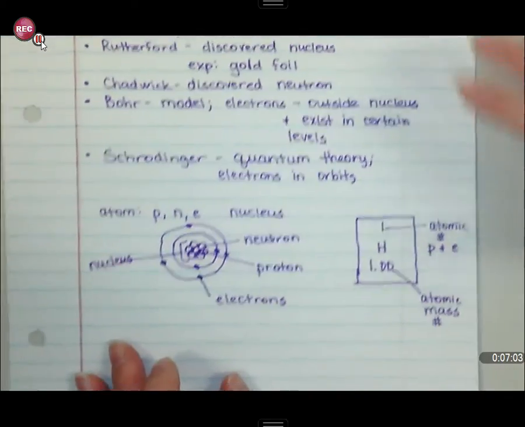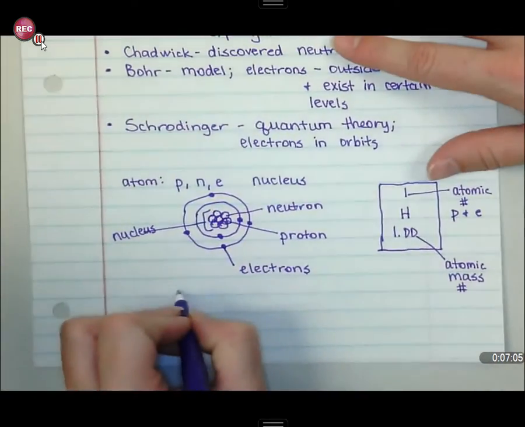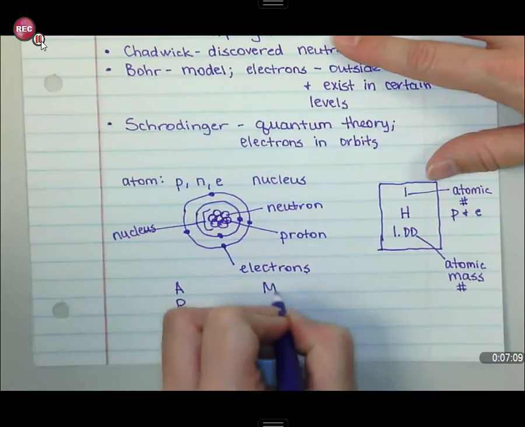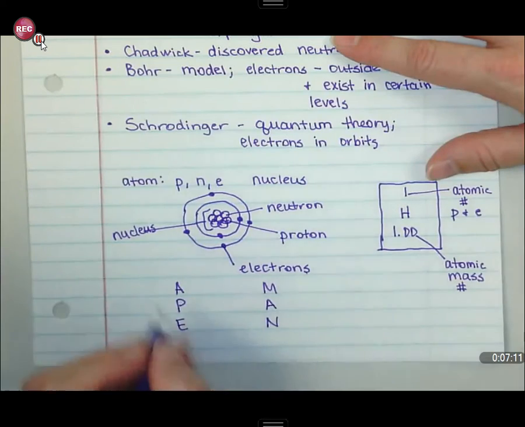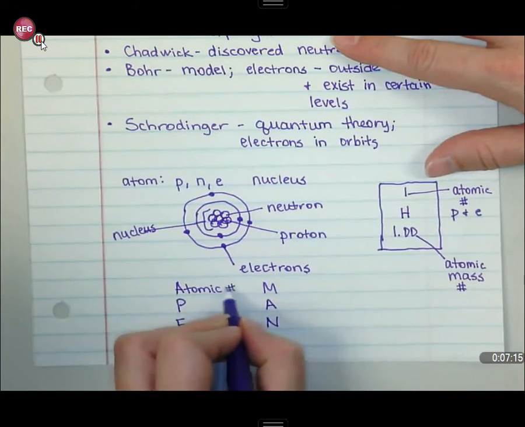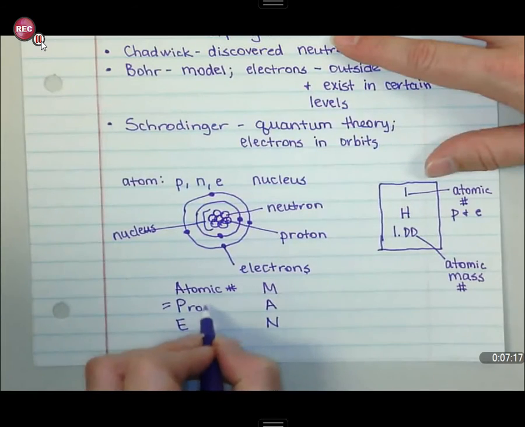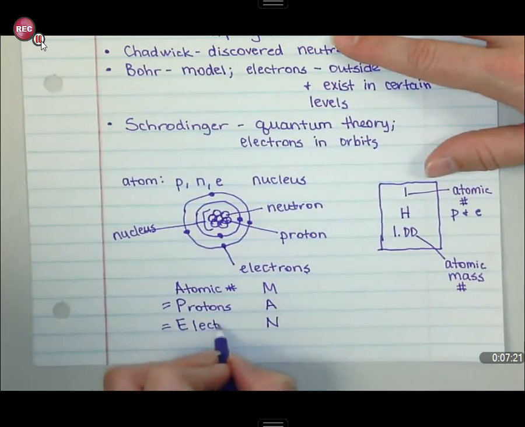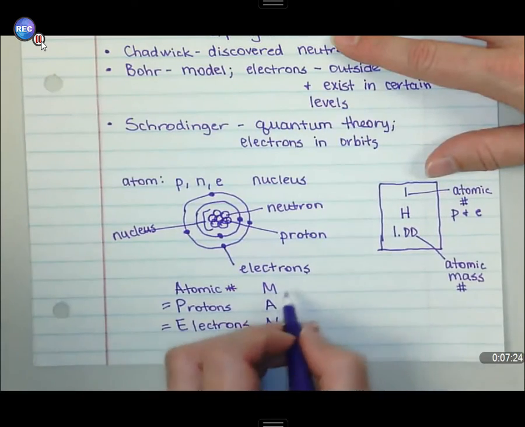Okay. Now, the other thing you have to be able to do is ape man. Okay, so ape man is the atomic number that equals your protons, that equals your electrons. We just went over that. And then you have man.